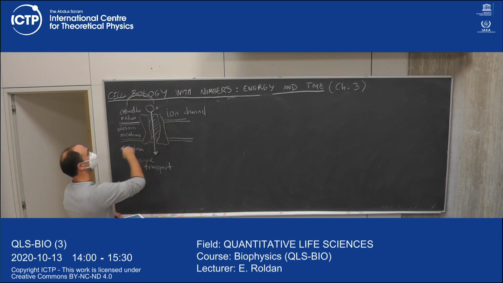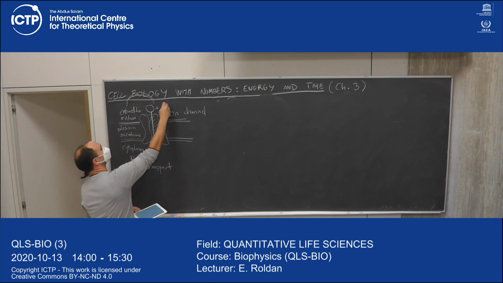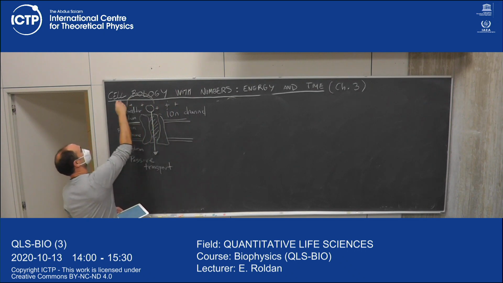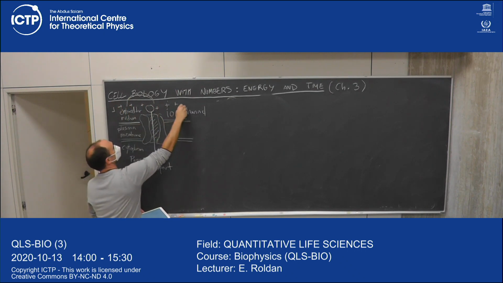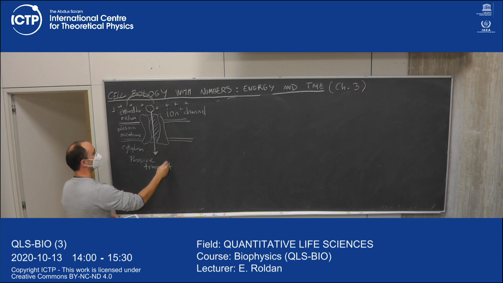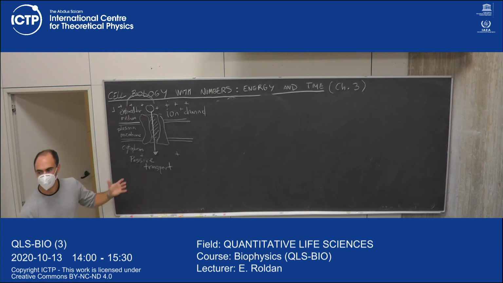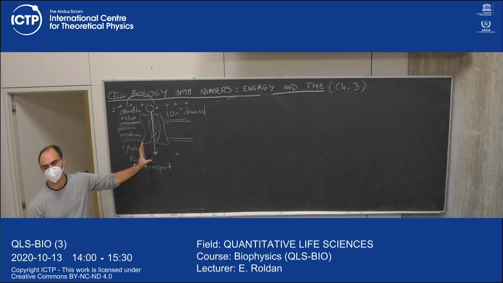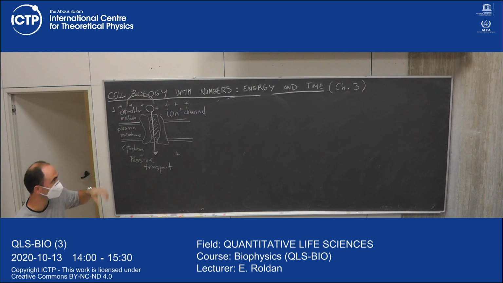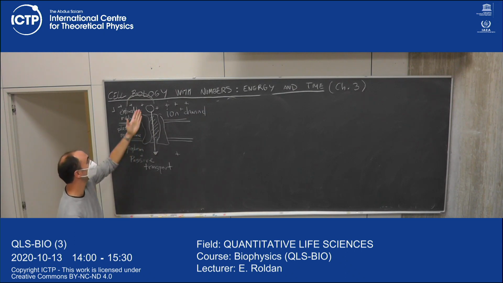So for example, imagine you are in a medium which has a lot of positive charges, and the cytoplasm has few positive charges. What will happen when you have this gate open? Exactly. Boris is doing like this. Yes, ions will go in.